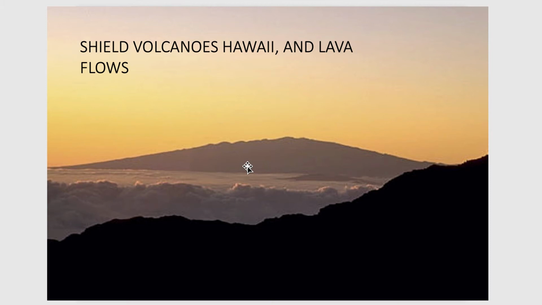shield volcano essentially like an iceberg. So a lot of mass is also underneath the base of the volcano, and it has been estimated that the total elevation of this volcano would be double the elevation of Everest.